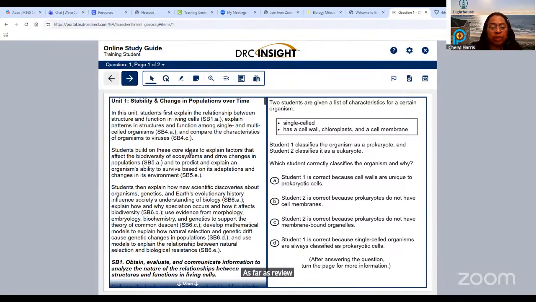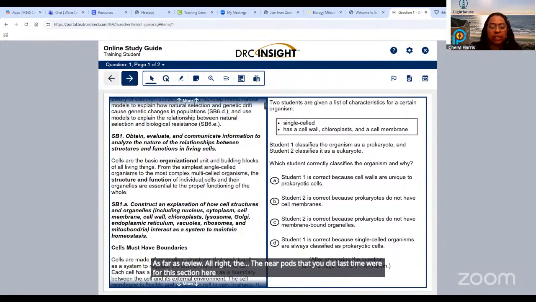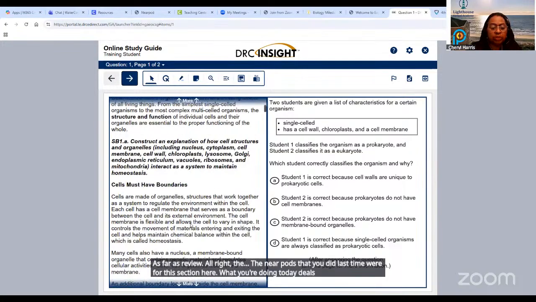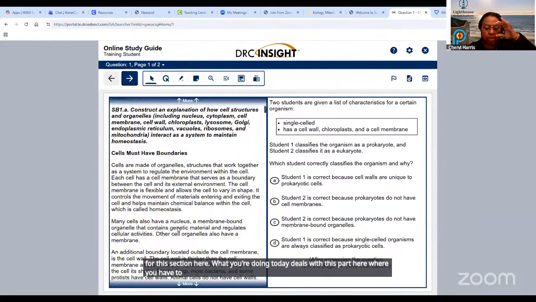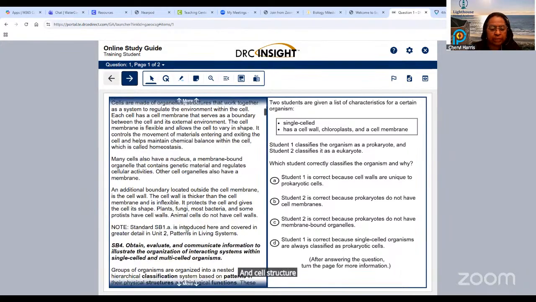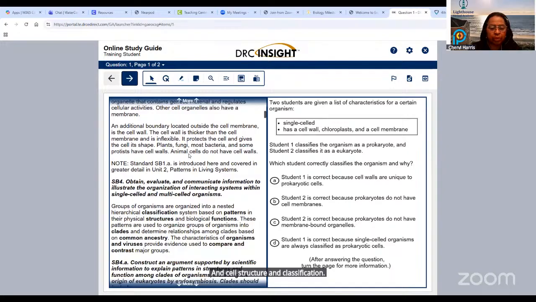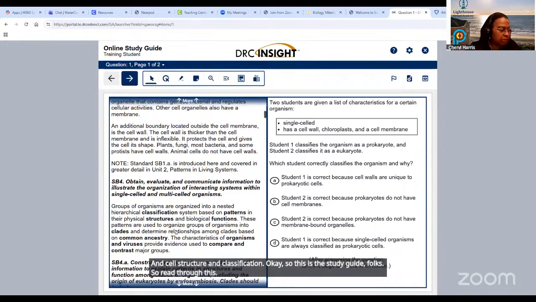All right, the Nearpods that you did last time were for this section here. What you're doing today deals with this part here, where you have to know the organelles and cell structure and classification. So this is the study guide, folks. Read through this, know what topics they're interested in.